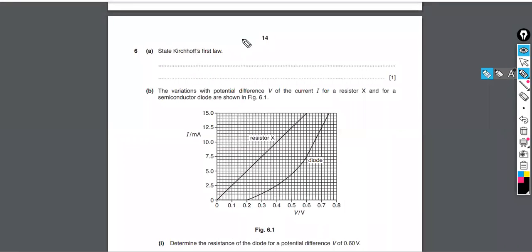And we say, mathematically, you can think about it like this. The sum of the currents going into a point is equal to the sum of the currents going out of that point. And you want to put that mathematical statement into a complete sentence.